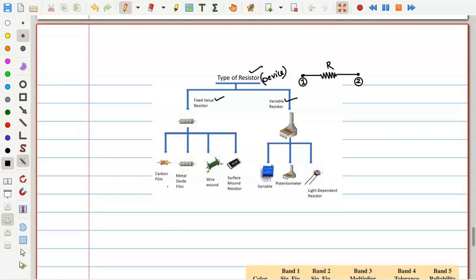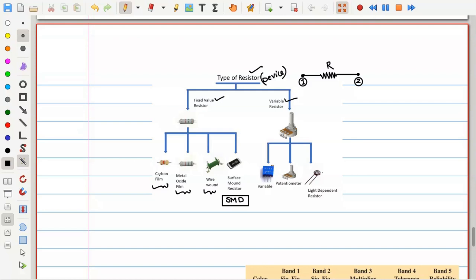These are the various types of resistors: carbon film, metal oxide film, wire wound, and surface mount resistor. We call these SMD components, surface mount devices. There may be surface mount inductors and surface mount capacitors also. Nowadays your phone and small electronic devices use these SMD components so that they occupy very small space and the device is compact in size.